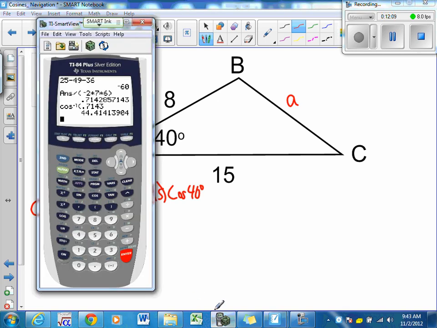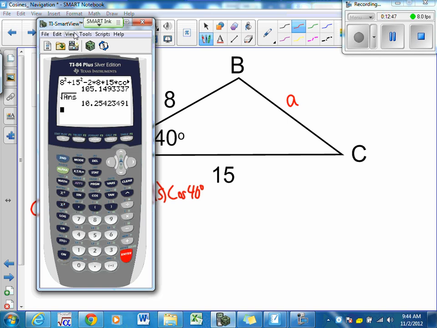So A squared equals 8 squared plus 15 squared minus 2 times 8 times 15 times cosine of 40. Take the square root of our answer.